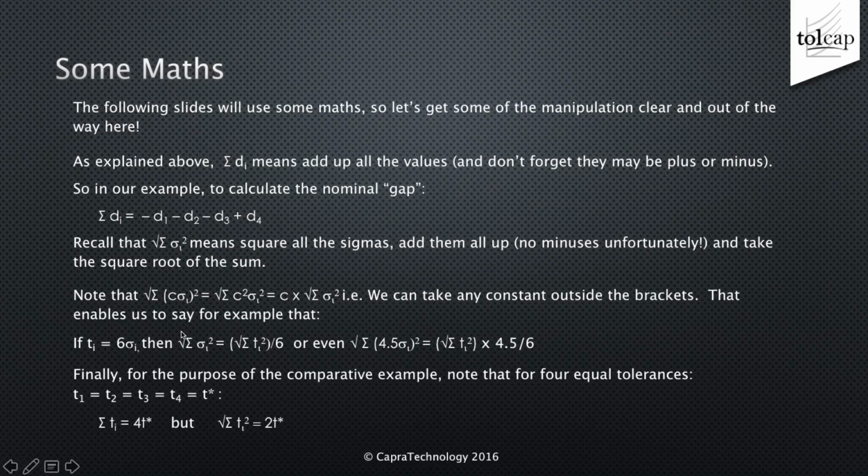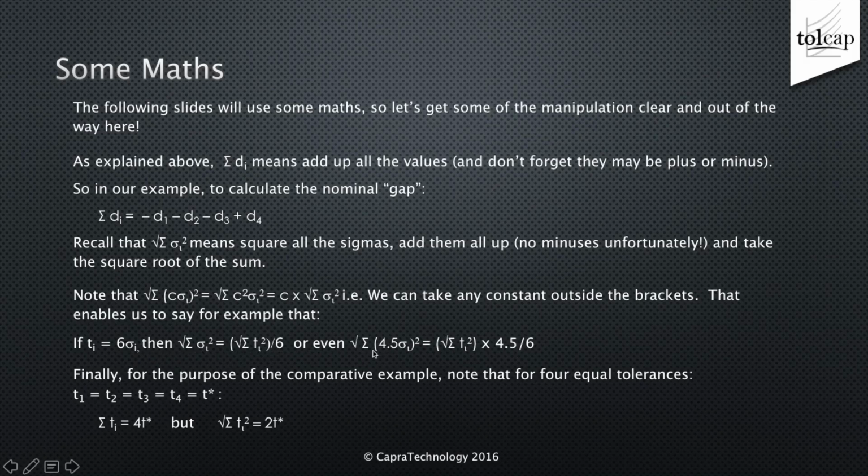Note that if we have a constant inside the expression, root sum of the sigma squares, c times the sigma squares, that is equal to, you can put the c squared outside the sigma, or you can bring the c entirely outside of the brackets. That piece of maths enables us to say that if, for example, Ti happens to be 6 sigma i, then the root sum square of the sigmas equals the root sum square of the tolerances divided by 6.